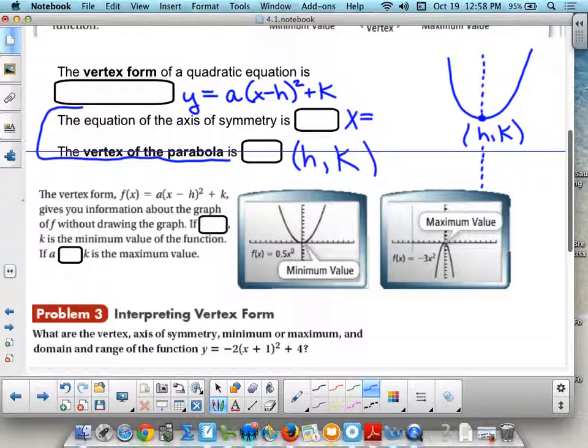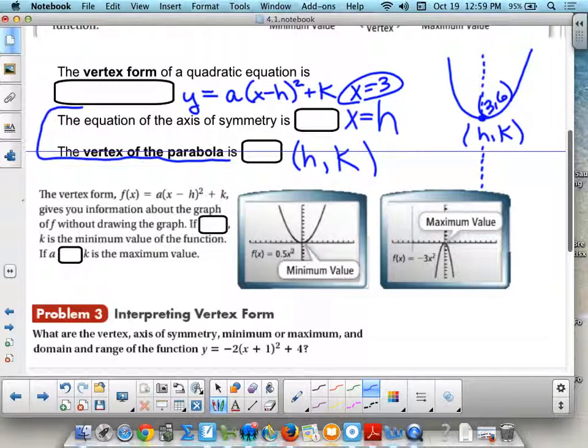No. H. Isn't it always going to be going through the x value of the vertex? X equals h. Just h. So guys, if this was 3, 6, your axis of symmetry would be x equals what? 3. That's what I'm trying to tell you.